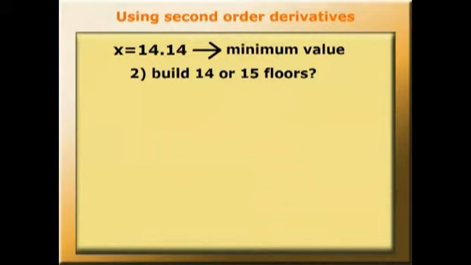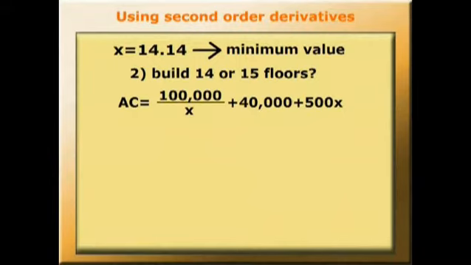Now our average cost function is 100,000 over x plus 40,000 plus 500x. So the costs if we choose to build 14 floors would be as follows.